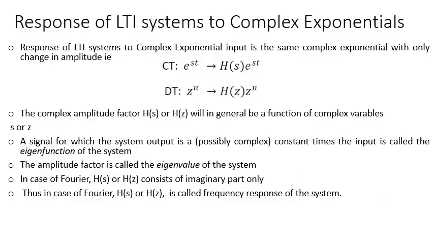So we start a new topic, a new chapter. In the previous chapter on LTI systems, we represented discrete time and continuous time signals as scaled and shifted impulses, and by knowing the impulse response we can find the output of the system using the convolution sum or the convolution integral.